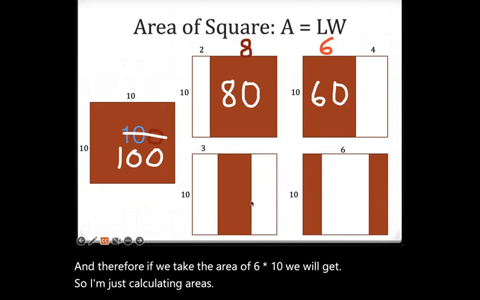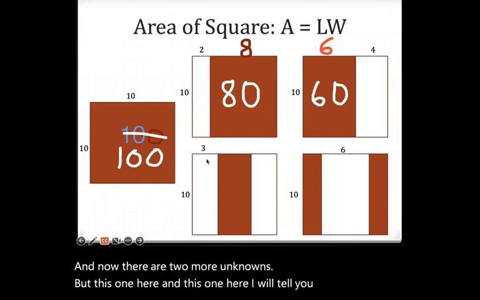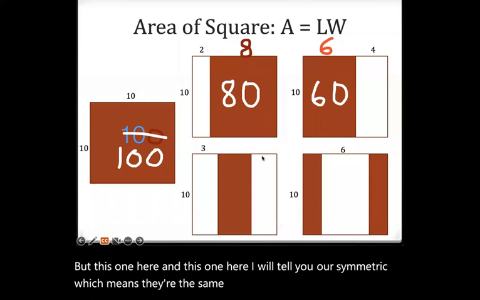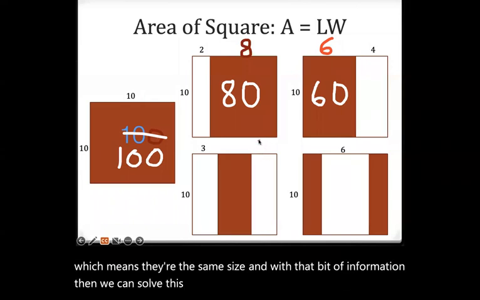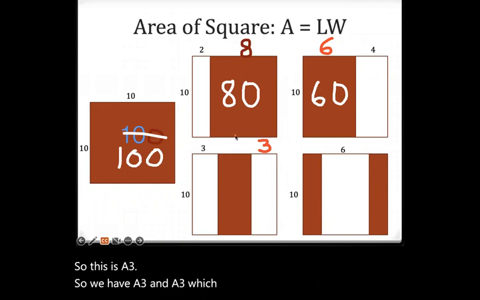Now for the next example, we have a 10 on this side, a 3 on this side, and now there are 2 more unknowns. But this one here and this one here, I will tell you, are symmetric, which means they're the same size. And with that bit of information, then we can solve this one. So we have a 3 and a 3, which is 6. We're missing a 4.